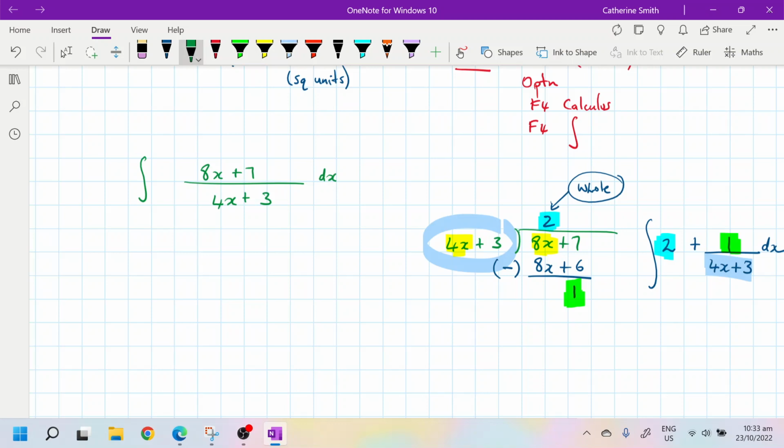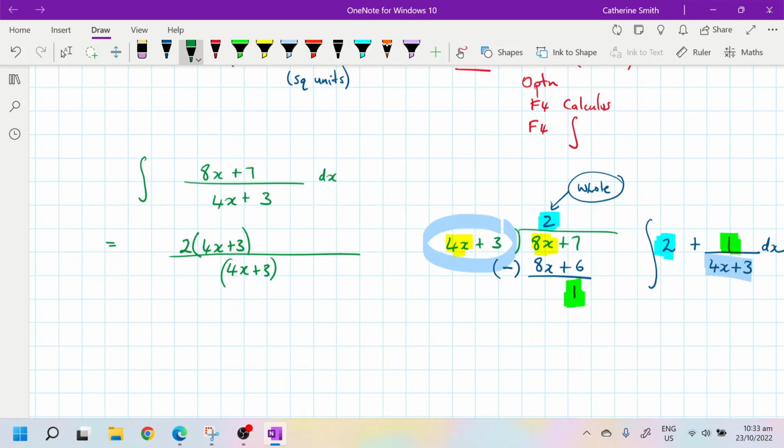The second way of doing it is that we take the bottom line to the top. It's all going to be over the bottom line, same bottom line. And then we need to make an adjustment in front of that bracket. In this case it will be a 2, because we're going to get 2 times 4x giving us 8x, 8x plus 6.